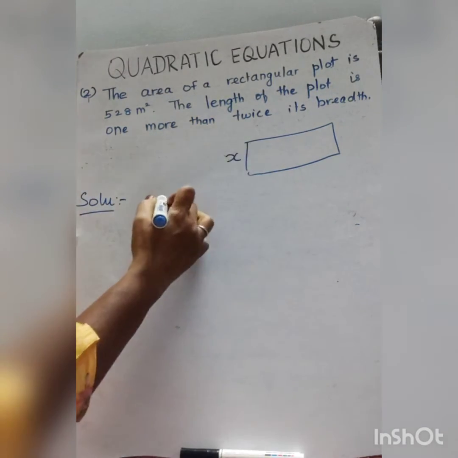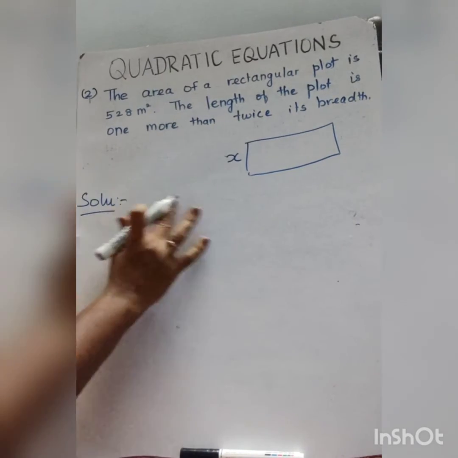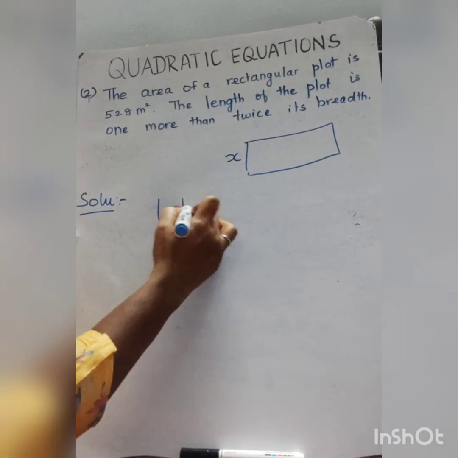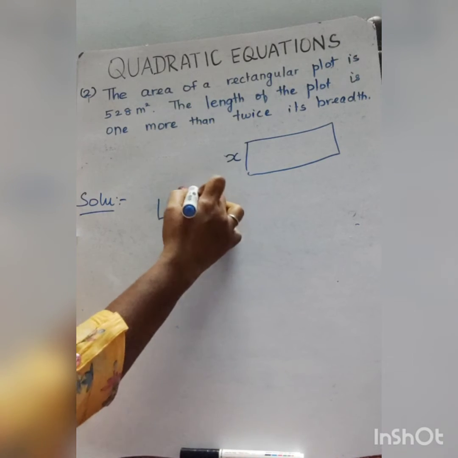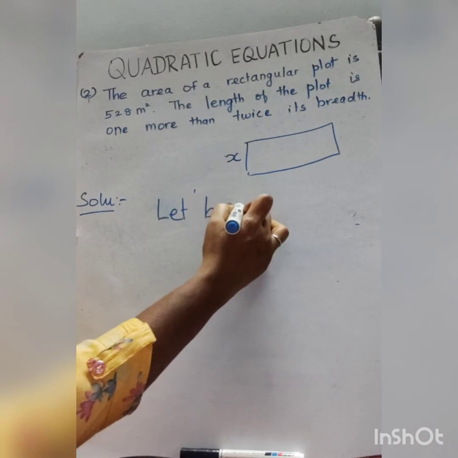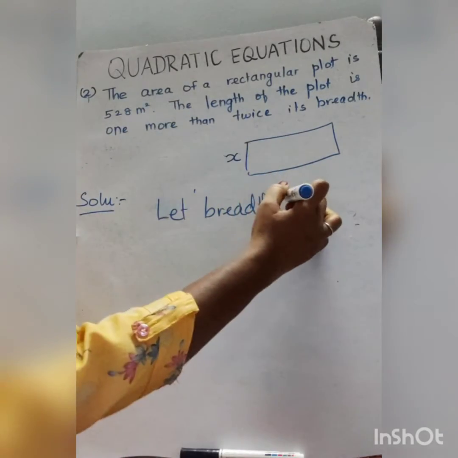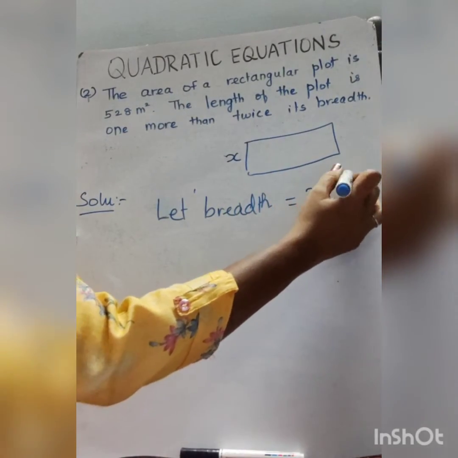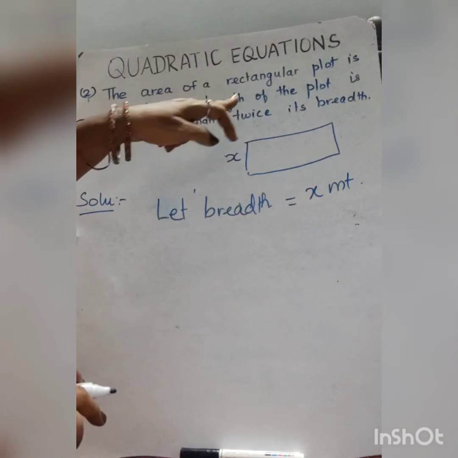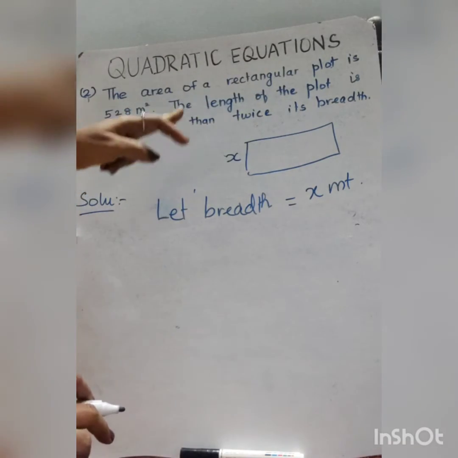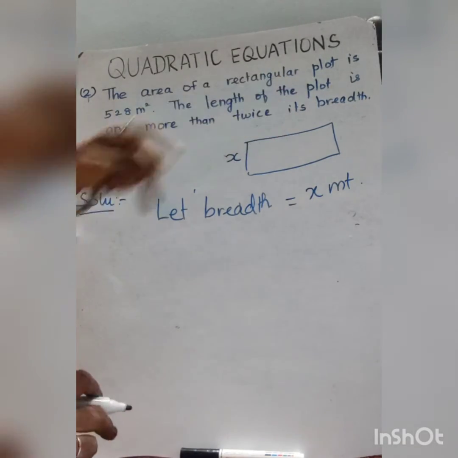Now let me take the breadth. Let the breadth of a plot be x meter, and it is given that the length of the plot is 1 more than twice its breadth.